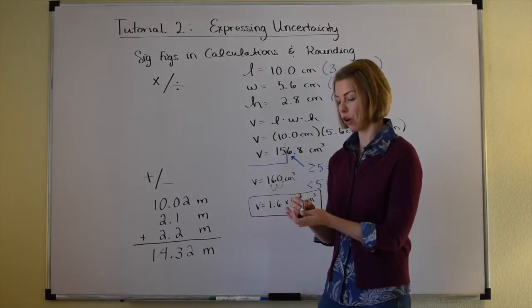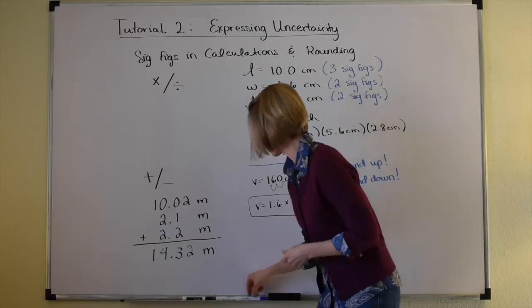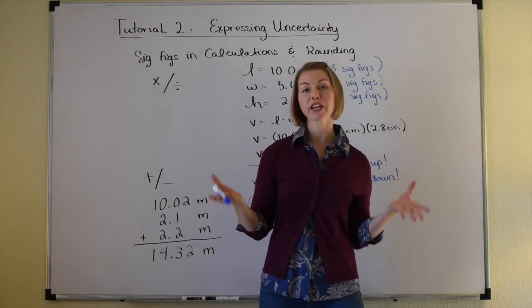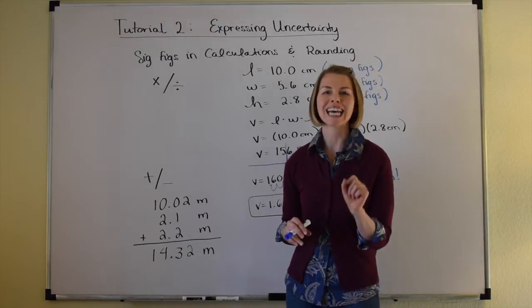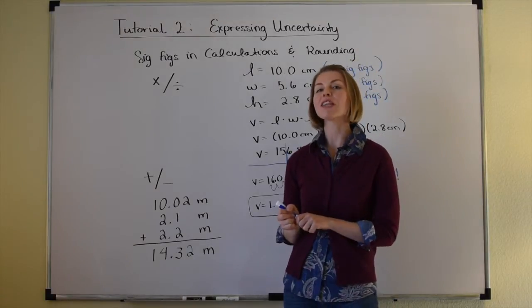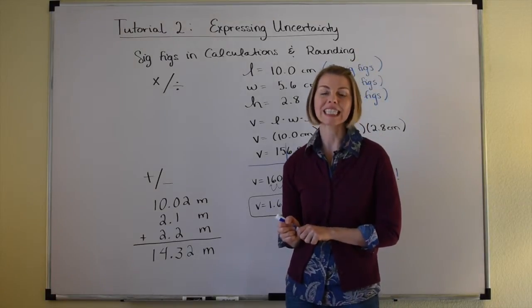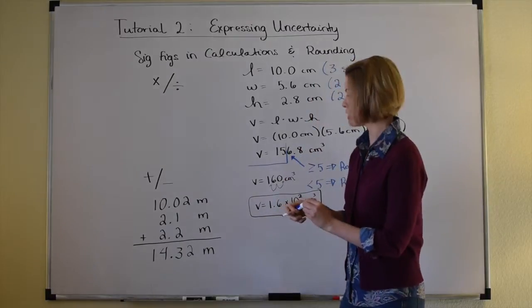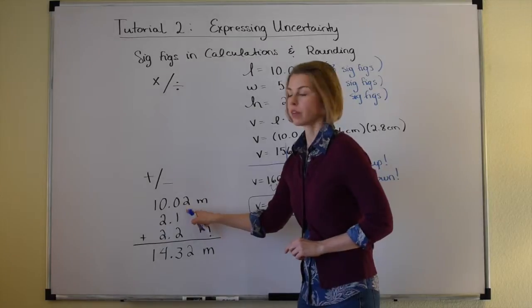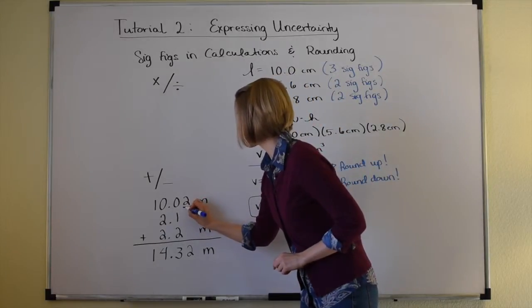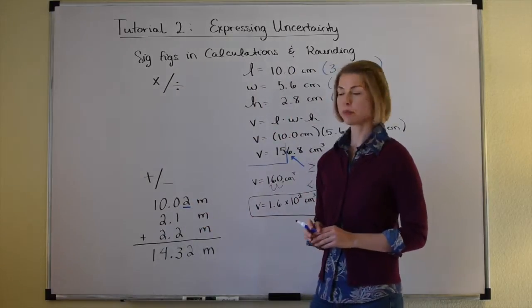All right, so we just learned that when we are adding or subtracting, our final answer will be limited to the same number of decimal places as there are in the measurement with the fewest decimal places. So let's take a look here at what we have. In our first measurement, it goes out to the 100th.